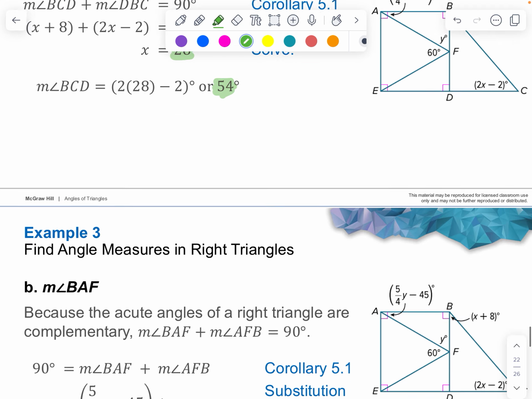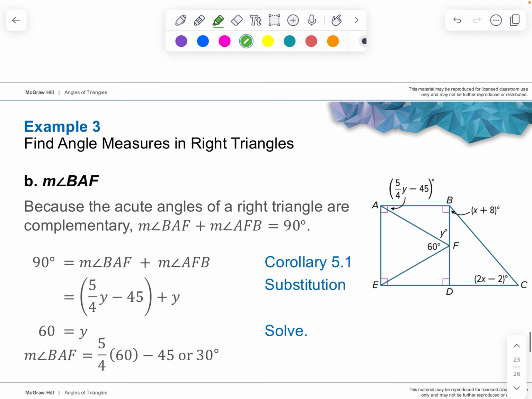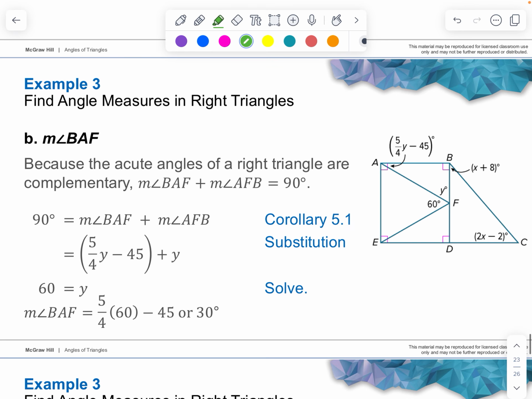Let's go to the next one. Now VAF. Because the acute angles of a right triangle are complementary, measures of VAF and AFB equal 90 degrees. Okay, so this one also tells us that because this is a right triangle, then this angle and this angle are acute.